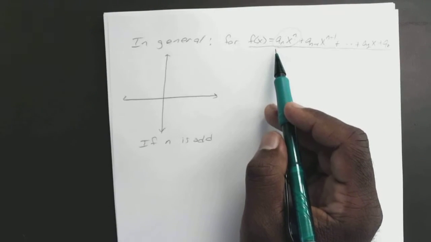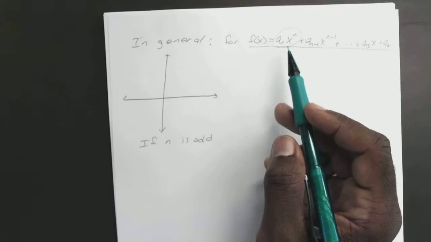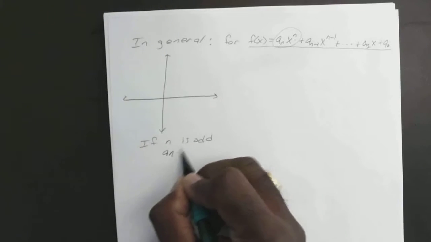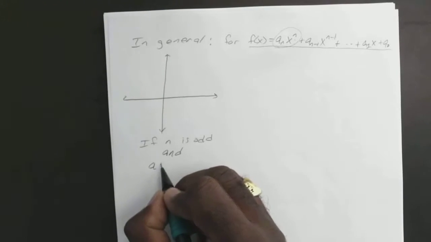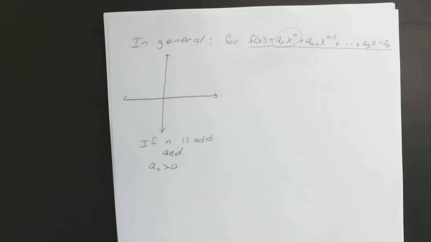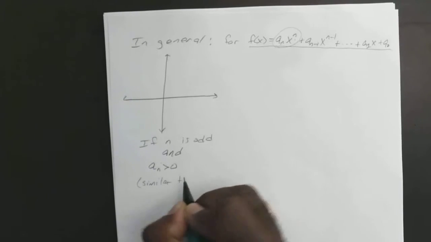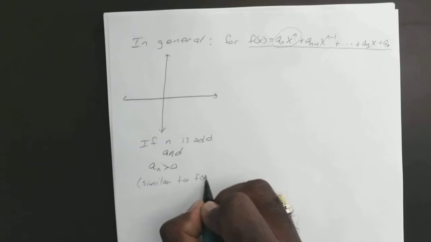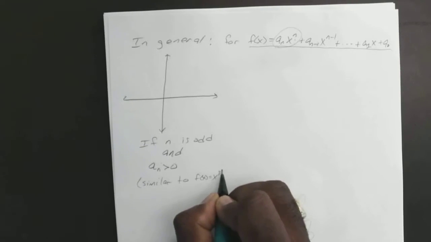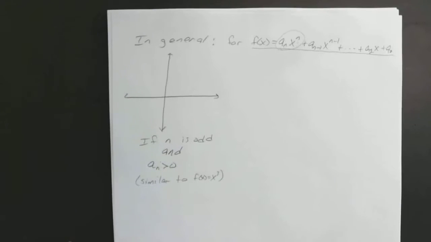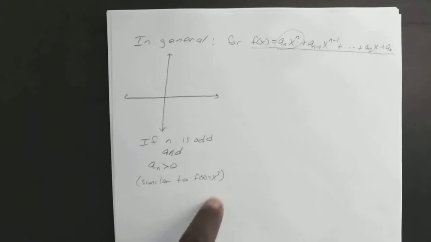And we say the number in front of that, the leading coefficient, is positive. So it kind of sounds like f of x equals x to the 3rd, or even x to the 1st.